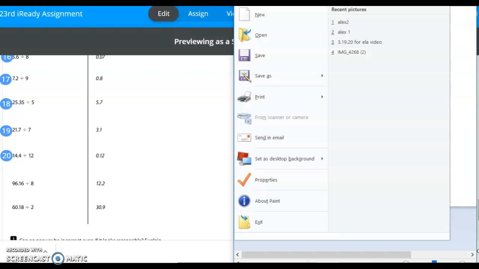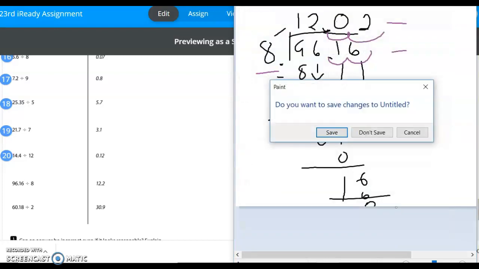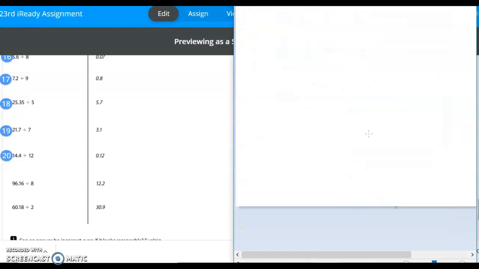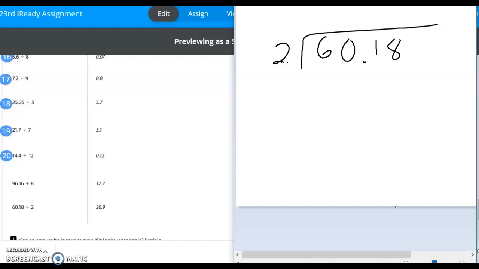The only problem we have left that wouldn't be your problem is the 60 and 1800ths divided by 2. So 6 goes, let's make that just bigger. 6 divided by 2 is 3.